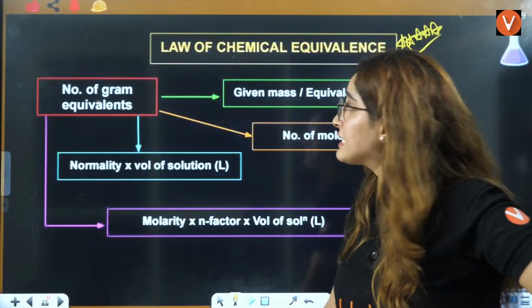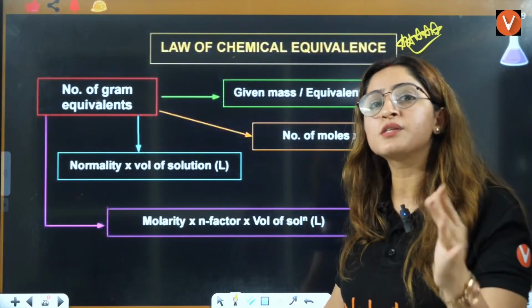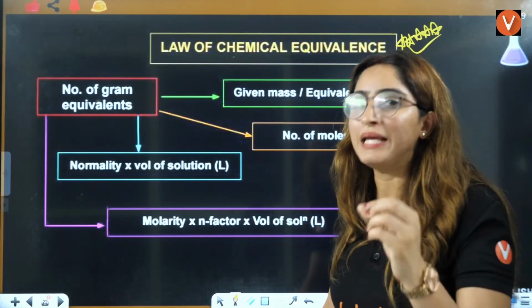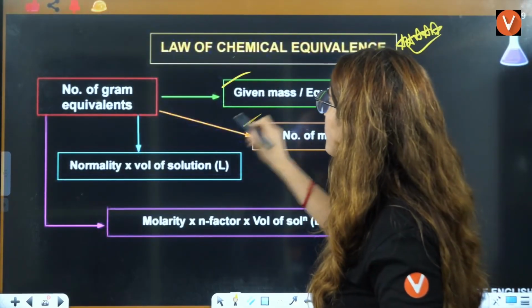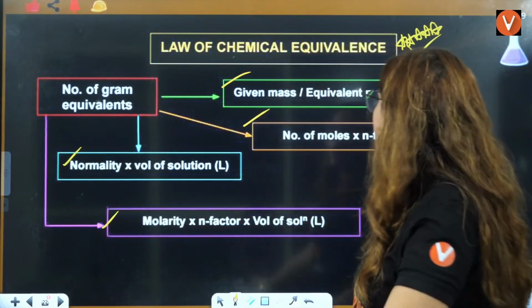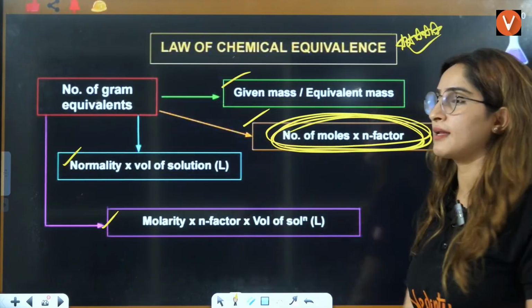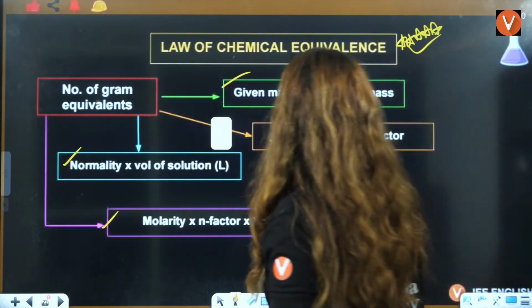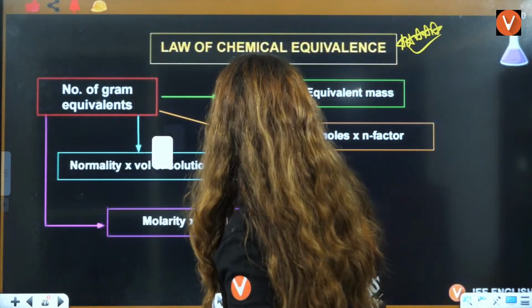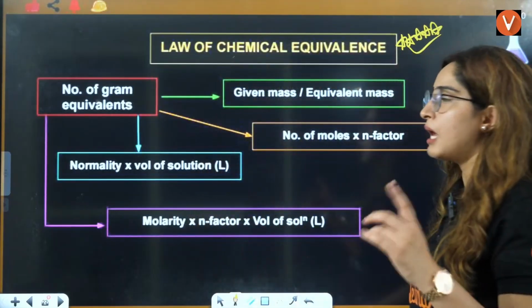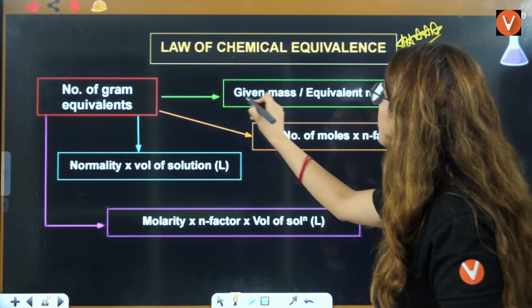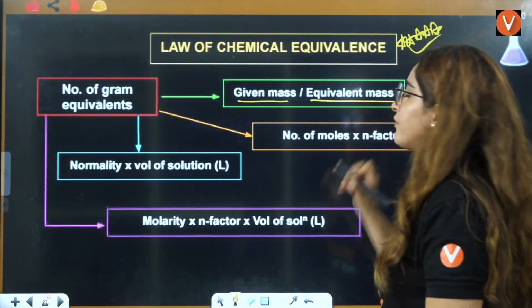Now, let's see the formula for the number of gram equivalents. These are the 4 formulas for the number of gram equivalents, out of which this is the one you will use the most. So, the first formula is: number of gram equivalents equals given mass by equivalent mass.